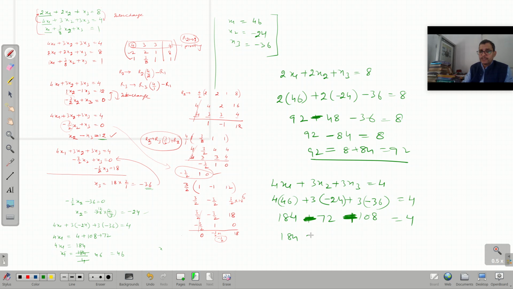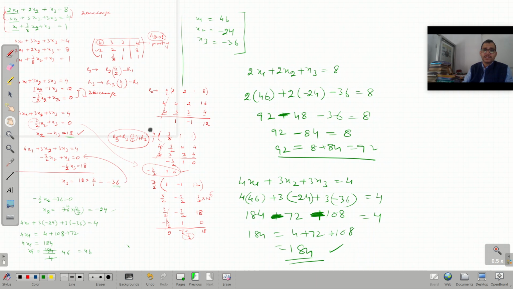So 184 is equal to 4 plus 72 plus 108. So yeah, it is 184. So that means it is the result of this. And let us consider another part. So hence it is proved.